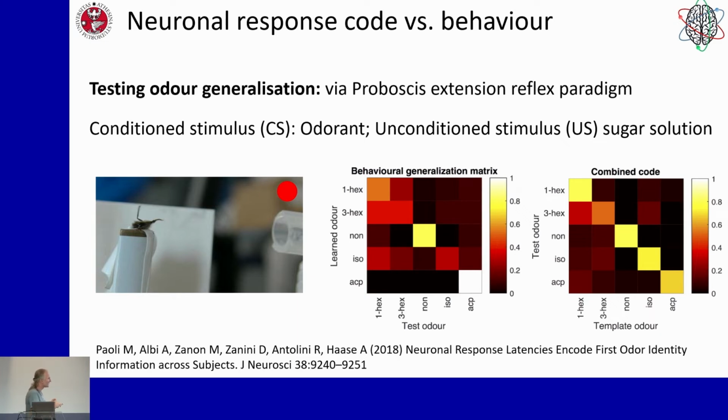Here there is a small difference, but also this we think we can interpret, because this is isoamyl acetate, which is a component of the bee alarm pheromone. So usually a stimulus with a negative value, and now we are connecting this with a positive reward. So in the higher order brain centers, probably the bee gets extremely confused, and therefore we see this confusion here, which is not present in the periphery.